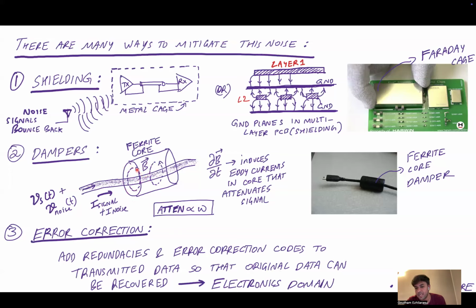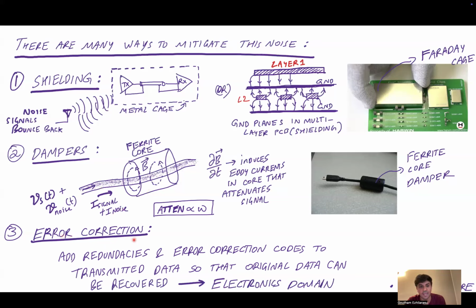The ferrite core essentially ends up dampening these high frequency noises, so that at the end of this length of ferrite core, most of the noise signals have been attenuated and the signal strength has been reduced significantly, so that at the output the SNR is now improved. This is another way that you can reduce the effects of EMI on signal integrity.